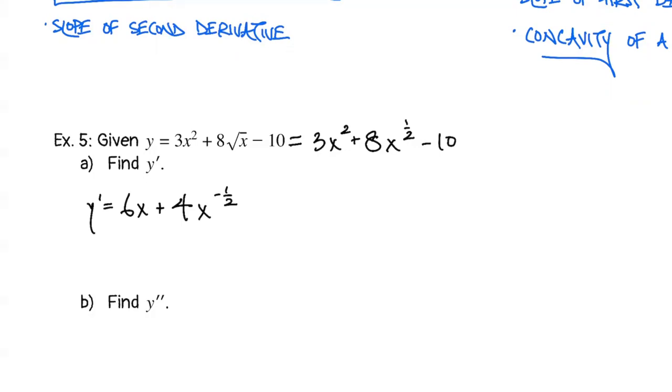Good, the 8 times the 1/2, perfect, okay. And then what happens to the 10? The derivative of 10, that goes to 0. And if we were to rewrite this as a final answer for y prime, we might write it as 6x plus 4 over root x.